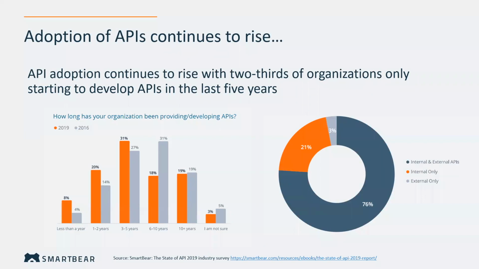Yeah, and that was something I was just going to mention there, Joe, with regards to the magic word of microservices. So we can see here on the chart that the majority, I think it's 60% or 2/3, have begun to adopt APIs over the last 3 to 5 years. But a lot of the people that we'd actually be speaking to at the moment would be moving from that whole monolithic to microservices approach.